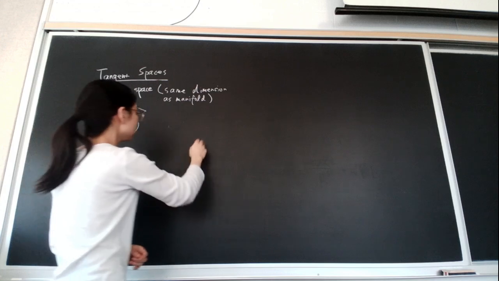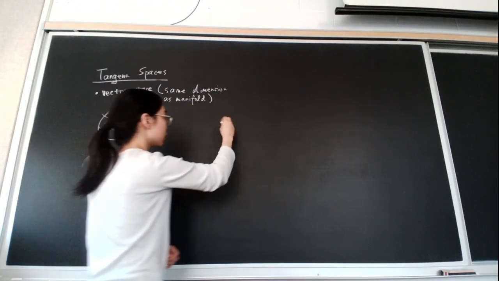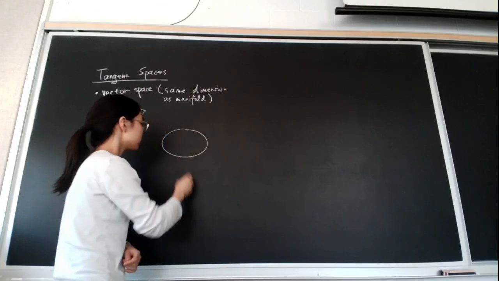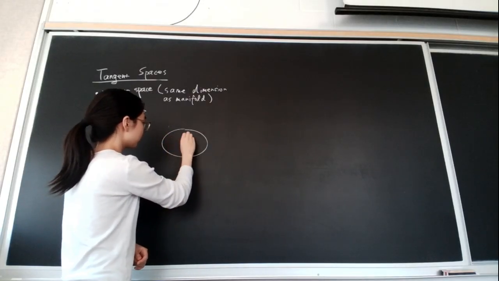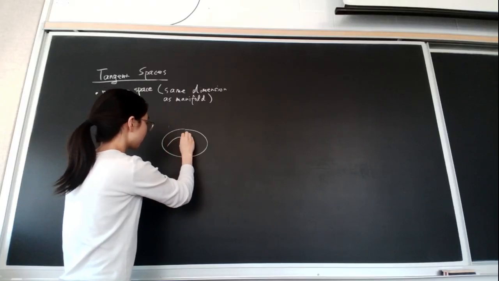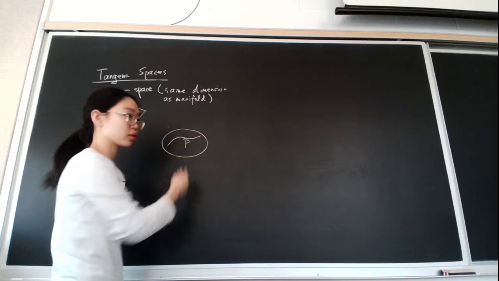Okay, so let's say you have some sort of manifold and a point on it, and you could look at the possible paths through this point.